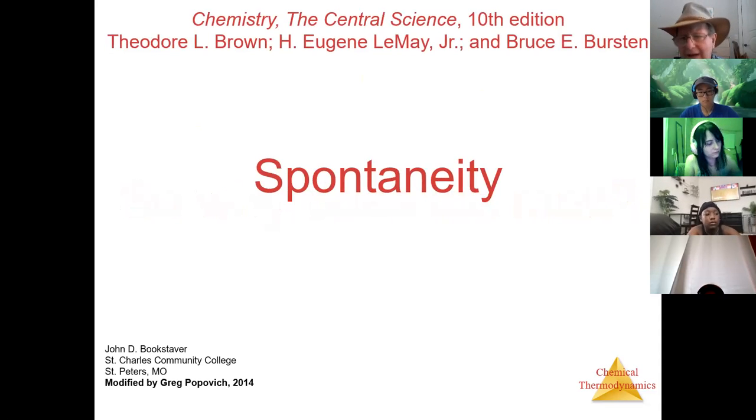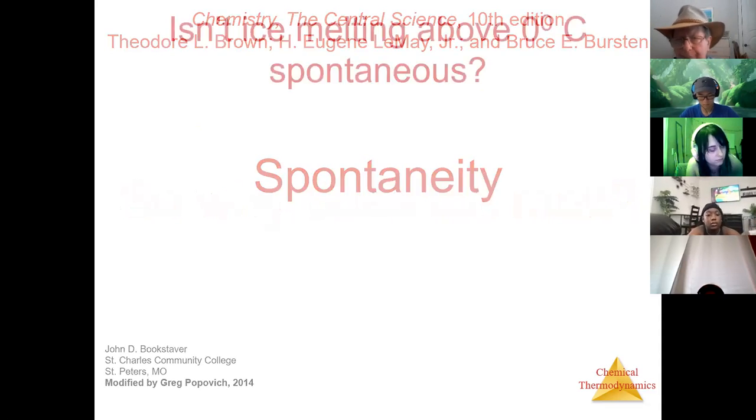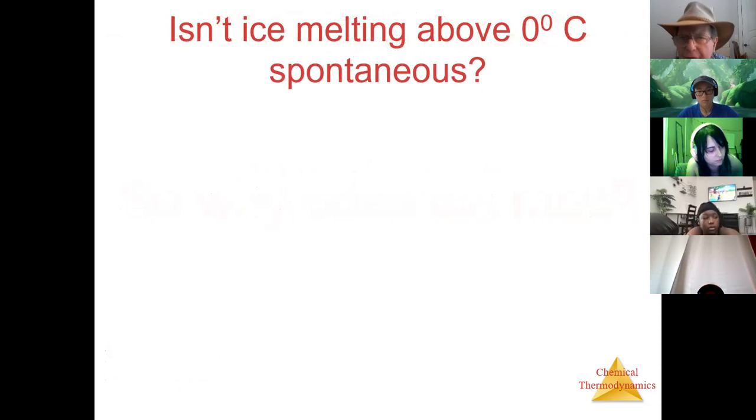We're going to deal right now with spontaneity. So ice melting above zero is spontaneous. Right, everybody? Isn't that true? But as Ethan just said, in order to get that ice to melt, that ice has to absorb energy from the surroundings.